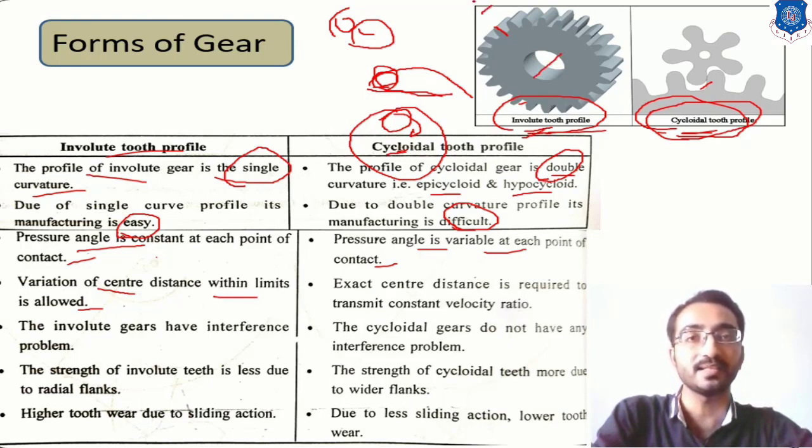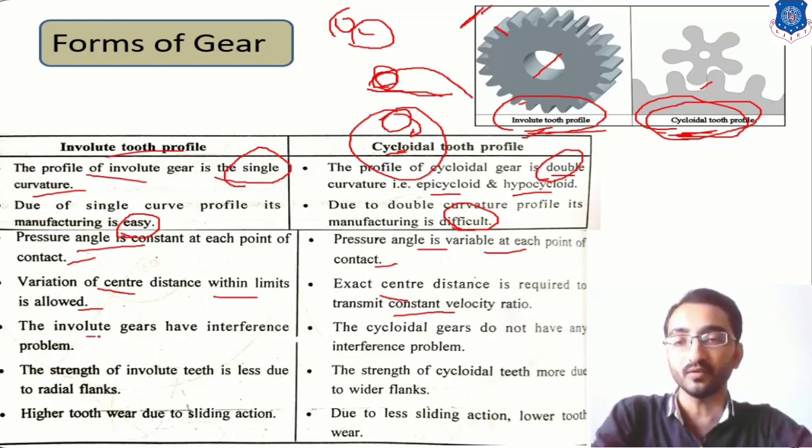You can't vary the distance to a much larger proportion, whereas you can do so in the cycloidal profile, because in the cycloidal profile the exact center distance is required to transmit the exact velocity ratio.